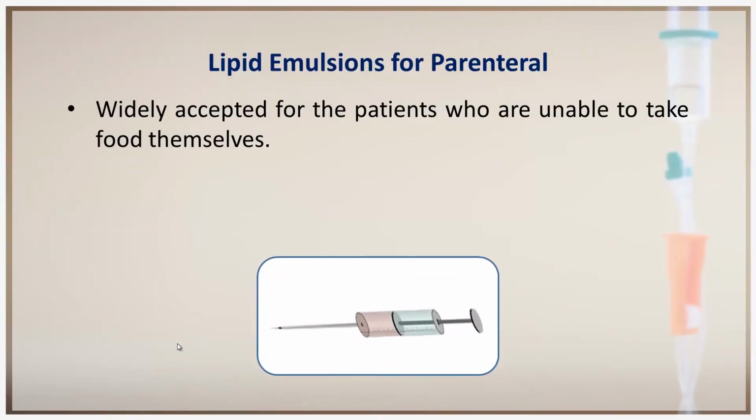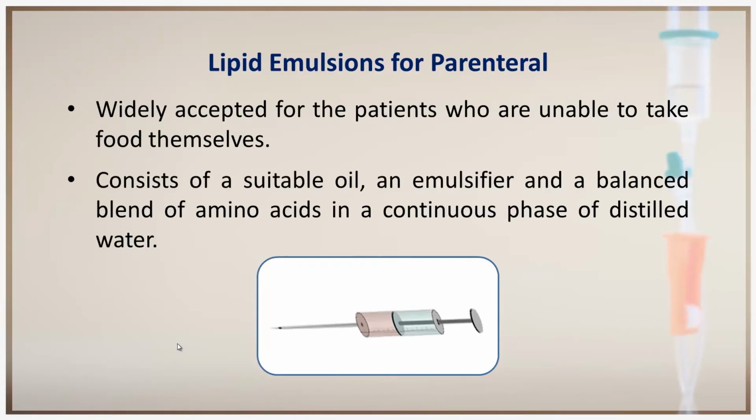Now, an example of parenteral emulsion is lipid emulsion for parenterals. They are generally given to the patient to give nutritional value. So, they are widely accepted for patients who are unable to take food by themselves, and it consists of a suitable oil and emulsifier and a balanced blend of amino acids in a continuous phase of distilled water.